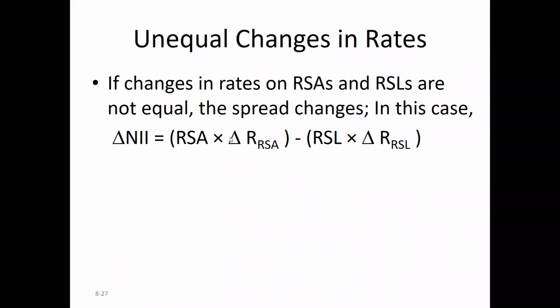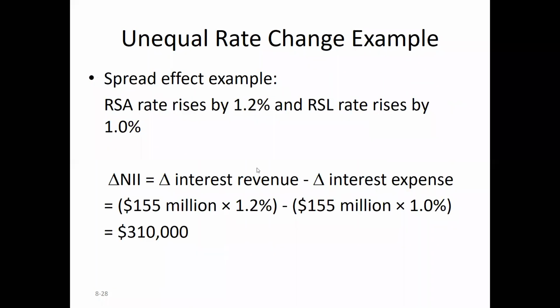So what if unequal changes in rate take place? Like if changes in the rate on rate sensitive assets and rate sensitive liabilities are not equal, and this spread changes. In this case, 1.2% increases on the left side and 1% increases on the right side of the balance sheet, and this will change the net interest income. In this case, it is very difficult to predict.